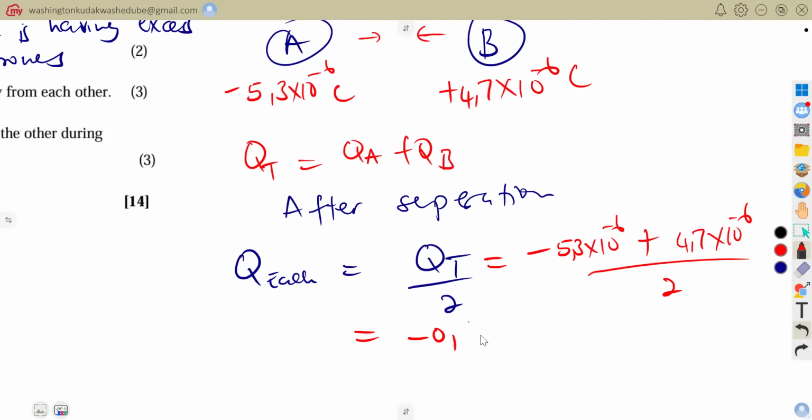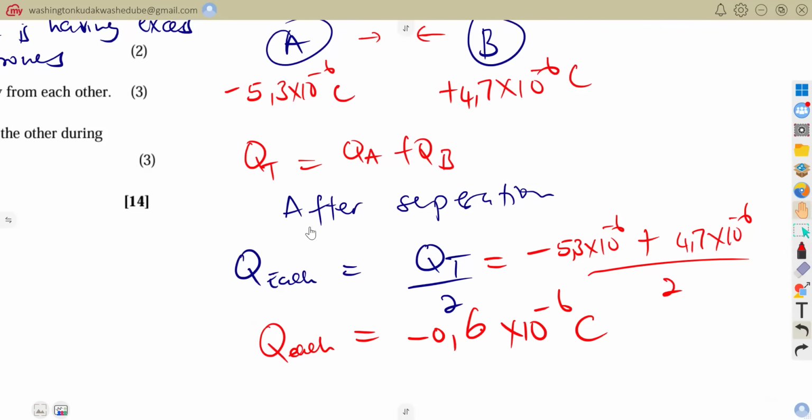A negative 0.6 times 10 to the power negative 6 coulombs. That becomes the charge of each after separation. And that is how you calculate the charge of each after separation.